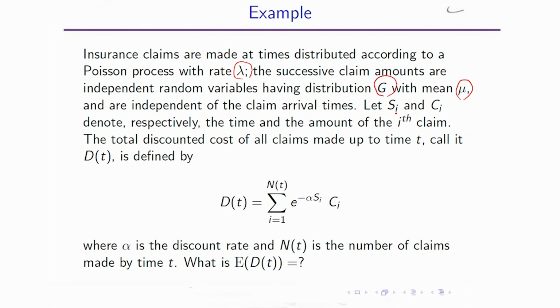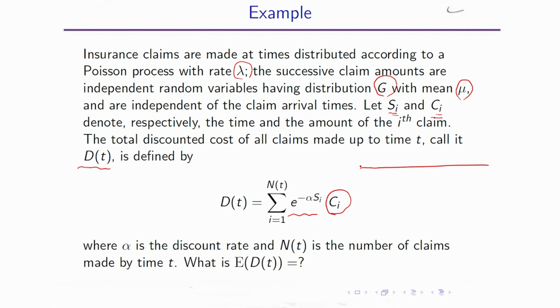Now we let S_i and C_i represent the time and amount of the i-th claim. So the total discounted cost of all claims made up to time t, represented by D(t), can be defined as the summation of the C_i. Remember, C_i represents the amount of the i-th claim, right?